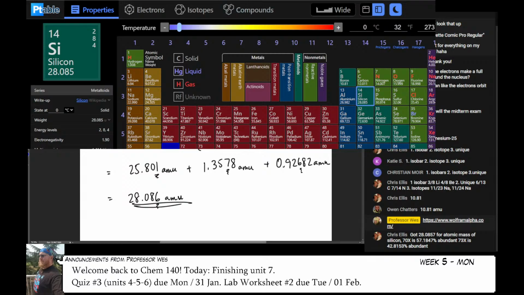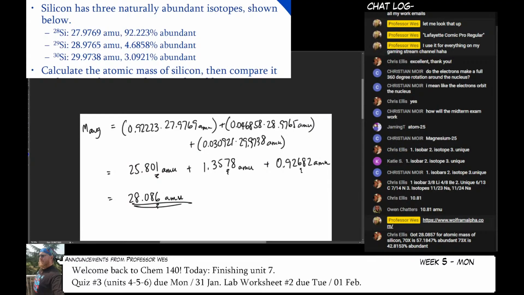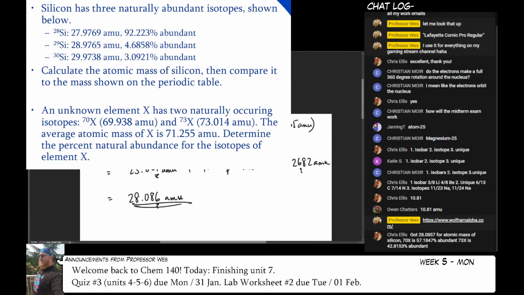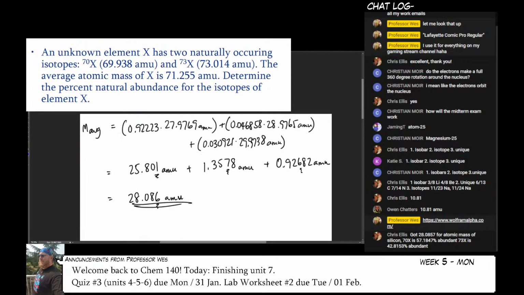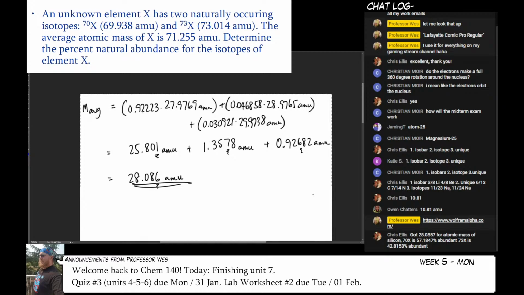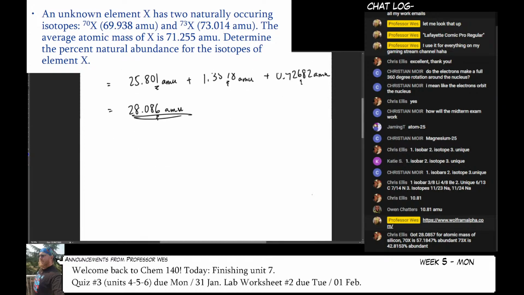All right, so let's do the next one. We're going to write out the equation so that we can put it into Wolfram Alpha. So we have the average mass is the percent of isotope 70 times its mass plus the percent of isotope 73 times its mass.